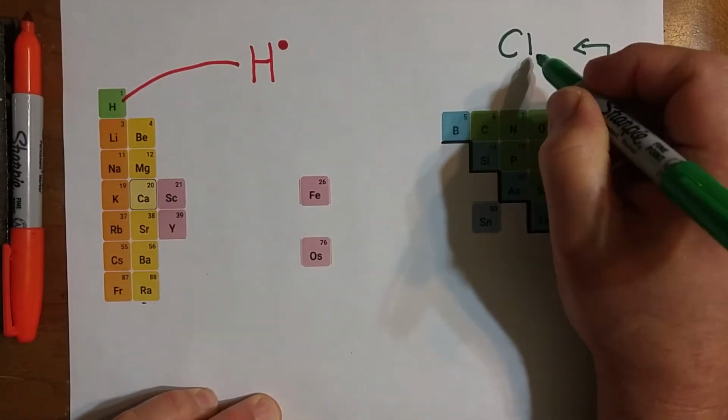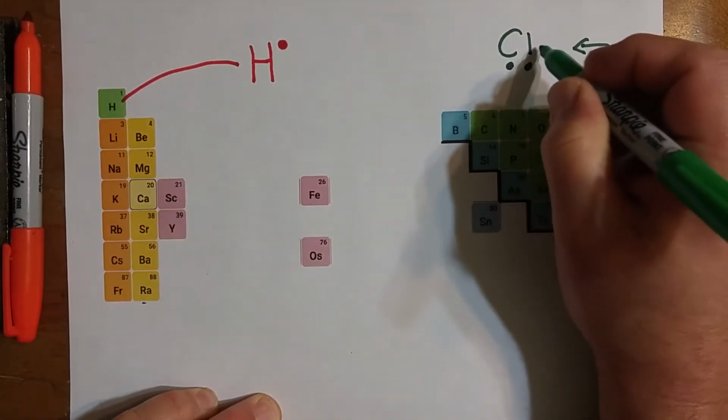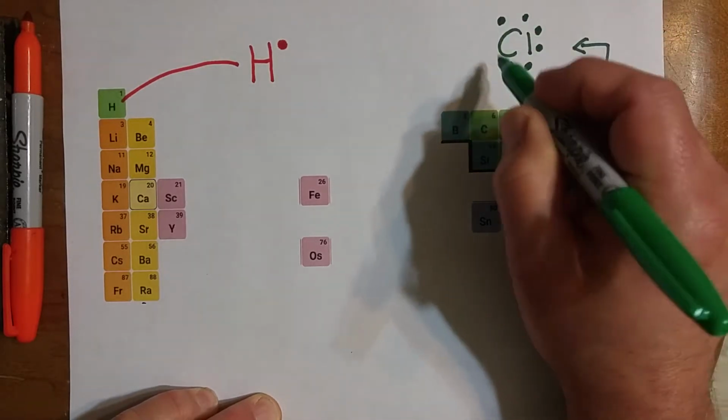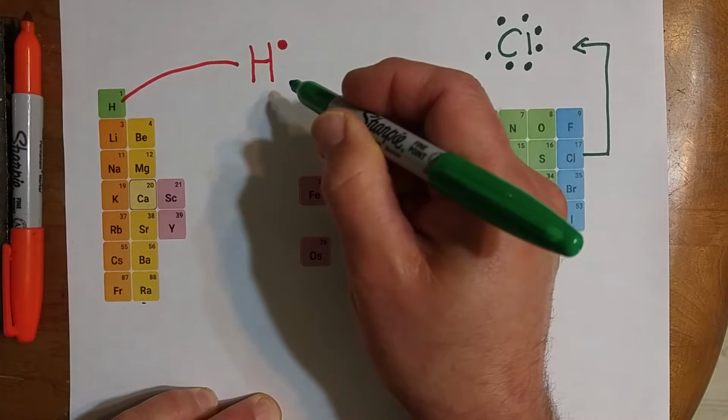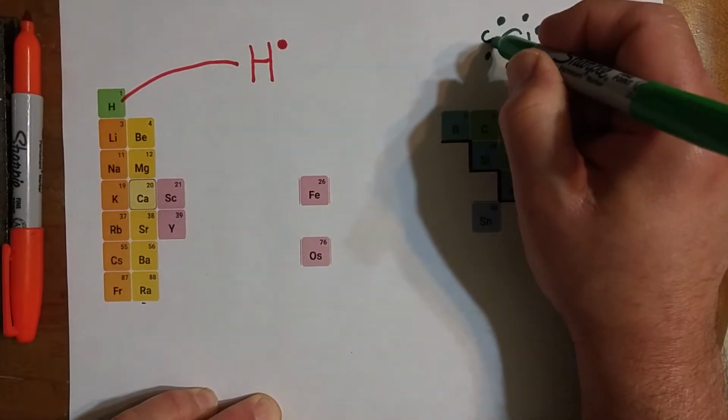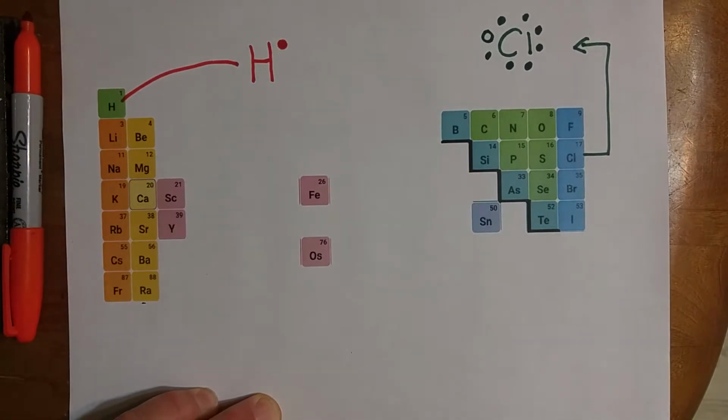What I'm going to encourage you to do is draw the empty spot and make it face towards the element it's going to bond to. Again, the empty spot is not normal notation.